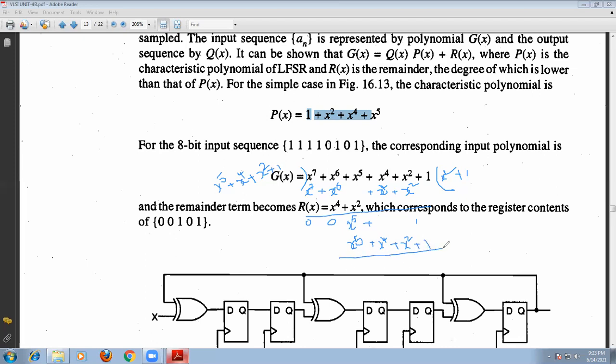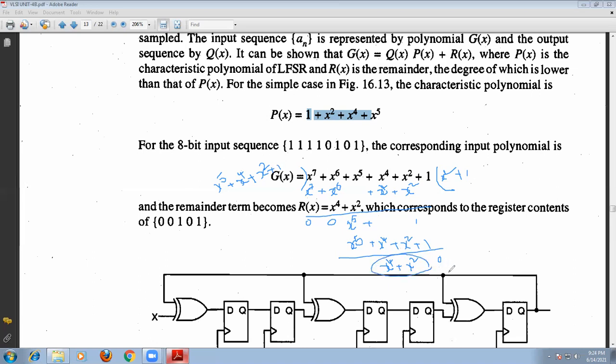Again, take the exclusive OR function: 1, 1, 0, and this is x square, and this is 0, x to the power of 4, x to the power of 4, plus, and this is 0. So this is the remainder.